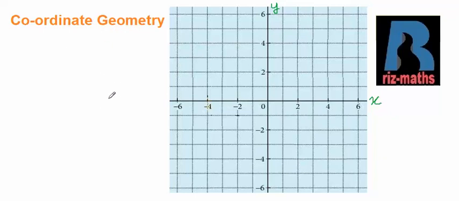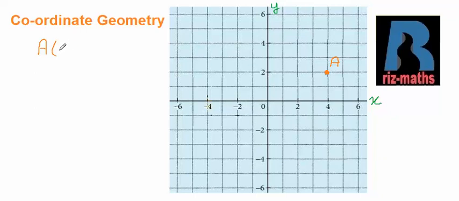So let's start with the basic idea that we have a point here. So let's say the point is here. This point has coordinates. Coordinate means what is its x value and what is its y value. So this point A has the coordinates.